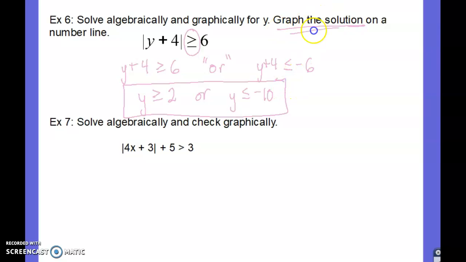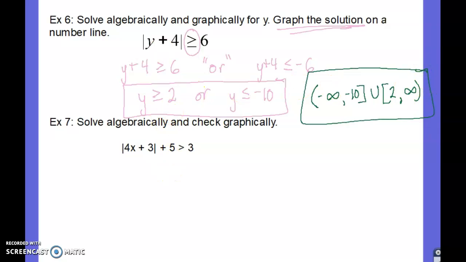And we already graphed it using Desmos. I do want to point out on interval notation, you would write negative infinity to negative 10 with a bracket, union, which literally means OR, 2 to infinity.